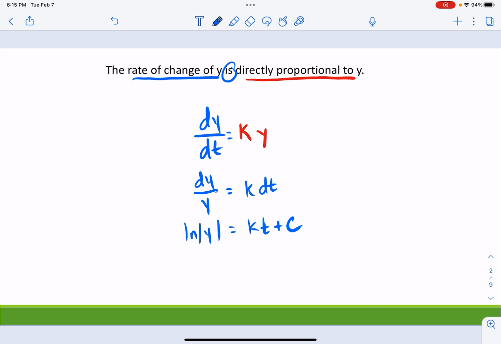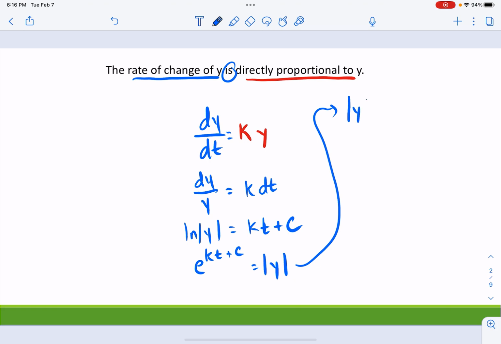I know the types of functions we're going to be dealing with. These are going to be growth. I'm going to wait. So I have the absolute value of y is equal to c e to the kt.